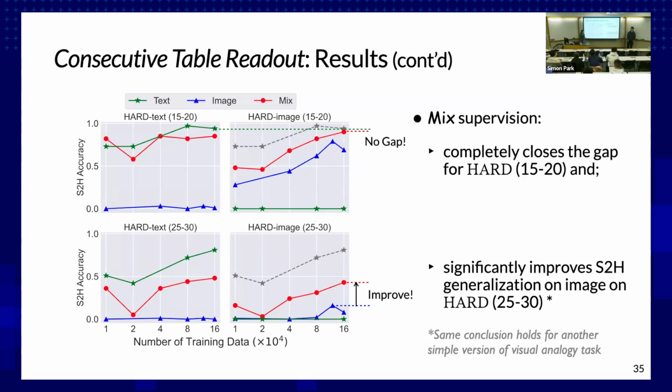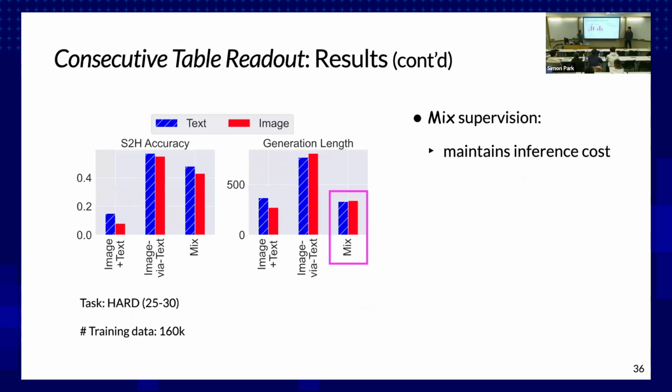Also note that we repeated the experiments for another simple visual analogy test, and the same conclusions hold. We abbreviate it here, but if you're interested, please refer to our paper. And meanwhile, our mixed supervision can maintain the inference cost, because at inference time by default, it will not explicitly convert the image to text.